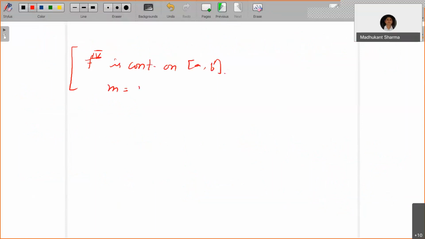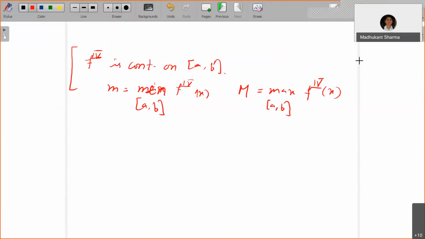So let small m be the minimum of the fourth derivative and capital M the maximum over the interval a to b. So small m is less than or equal to f fourth derivative of x, which is less than or equal to capital M.